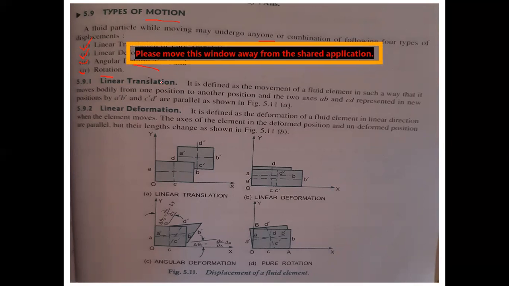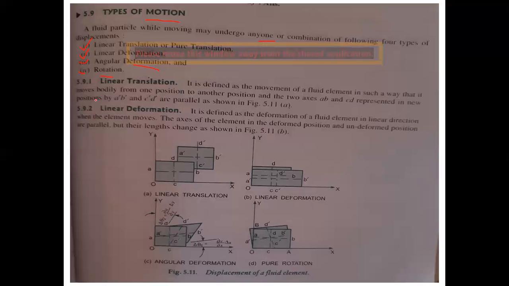Okay, then what is the first thing you will see? A linear translation. It is defined as the movement of a fluid element in such a way that it moves bodily from one position to another position, and the two axes AB and CD are represented in new positions A dash B dash and C dash D dash, parallel to the original. Now see the x-axis and y-axis.